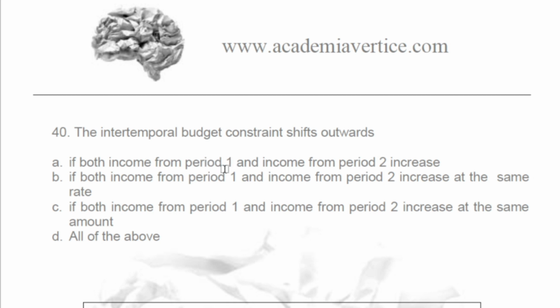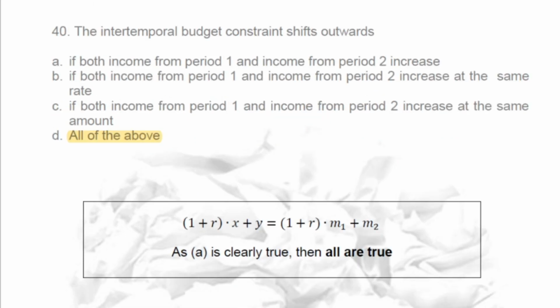If income of period 1 increases and income in period 2 increases, of course, the budget constraint will shift outward. If both incomes from period 1 and period 2 increase at the same rate, of course, it's a particular case of A. If both increase by the same amount, of course. So B and C are particular cases of A. So the correct answer would be all of the above.